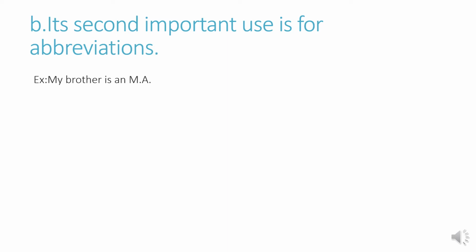So my brother is an M.A. Similarly, in between M and A, we have used the periods or full stops. Similarly, B.A., M.B.B.S., and all these types of abbreviations will be using the full stops.